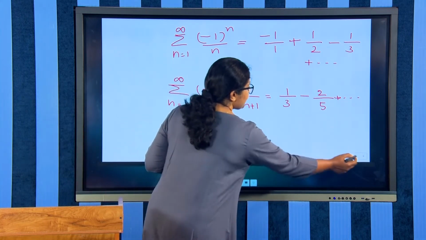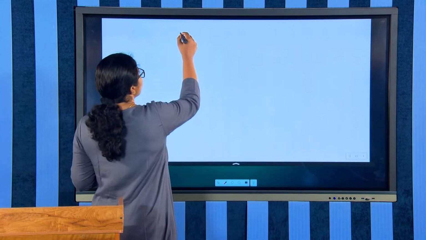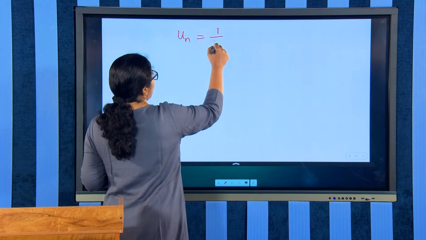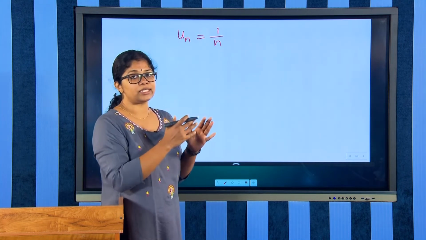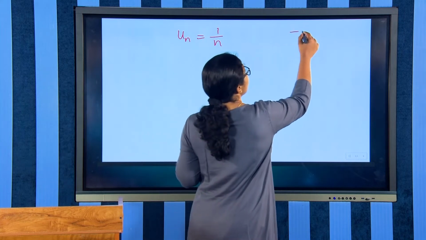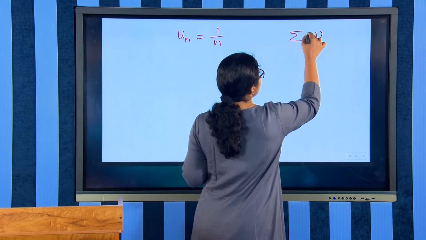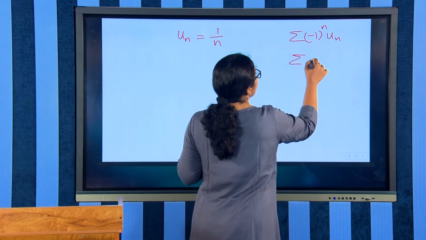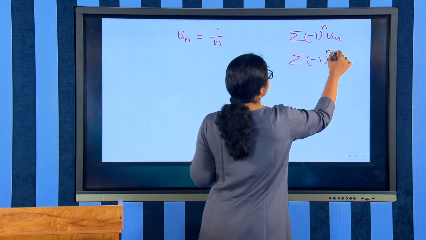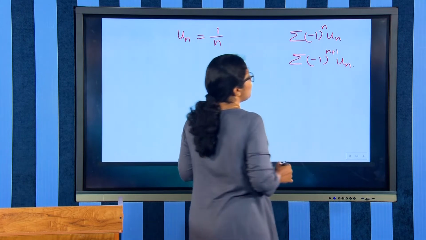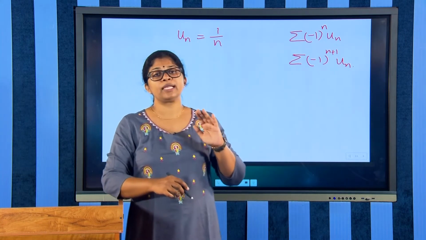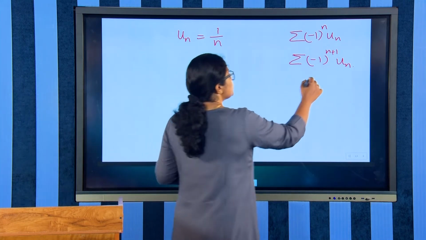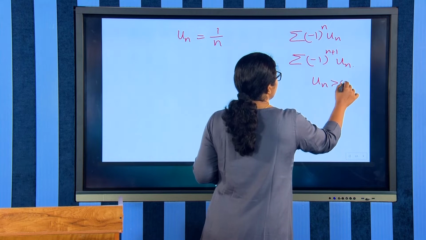The nth term of the first series u n is equal to 1 by n. So, remember that whenever you write an alternating series, we will be using the expression negative 1 power n u n or negative 1 power n plus 1 u n, where u n was strictly made to be positive, where u n is always greater than 0.